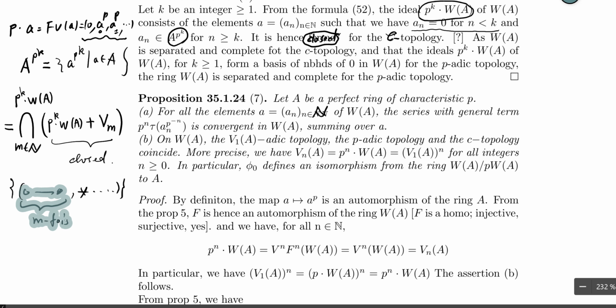So these are 0, then you plus all the possibilities, here is 0, p to the power k, a_m p to the power k. It's a_i, all in A, okay?